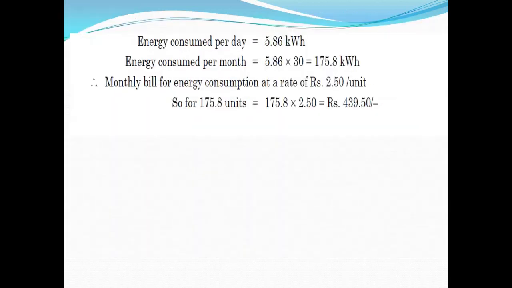So first we have to calculate the energy consumed for a month of 30 days. This is the total energy consumption for the complete month, hence the total units are 175.8, and the cost is 175.8 into 2.5, so the answer is 439.50.